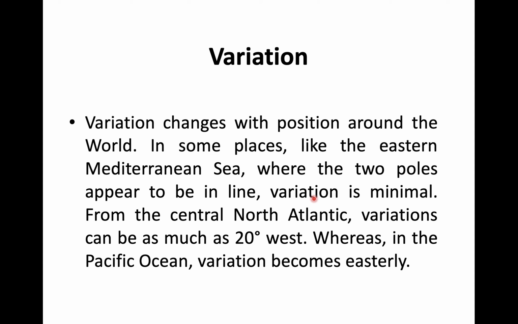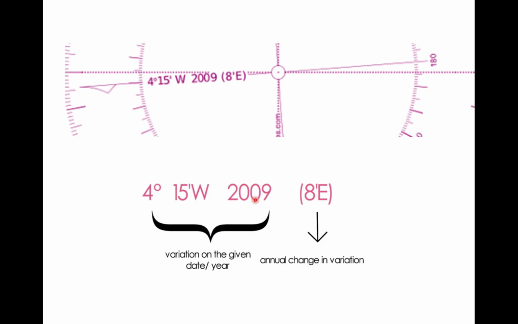So again, guys, as I've said earlier, variation changes a lot. That's the reason why we're doing calculations, because it's changing frequently. It doesn't only change according to its position, but it changes over time. That's why we have a year here, so we can have a reference of when this variation was taken.